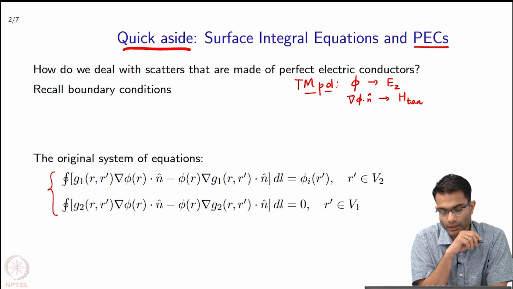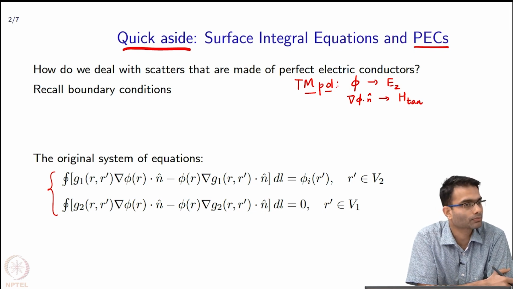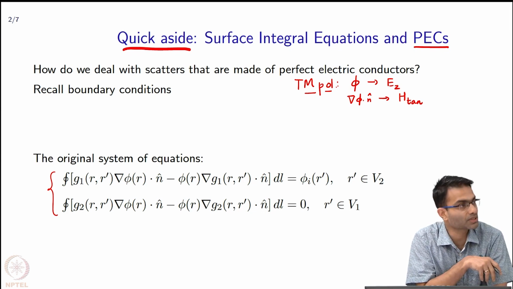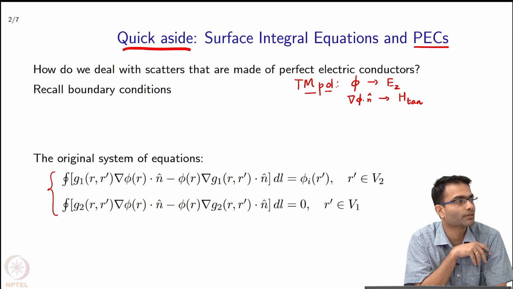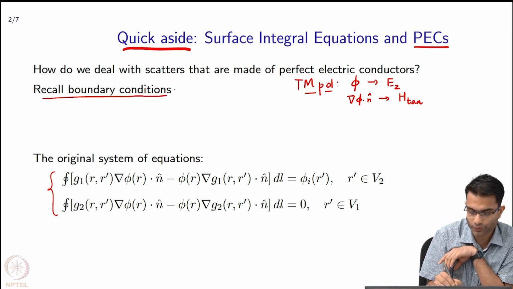So, if the object is made out of a perfect electric conductor, should we just use this system of equations as is, or should we change it somehow? What do the boundary conditions for PEC say?